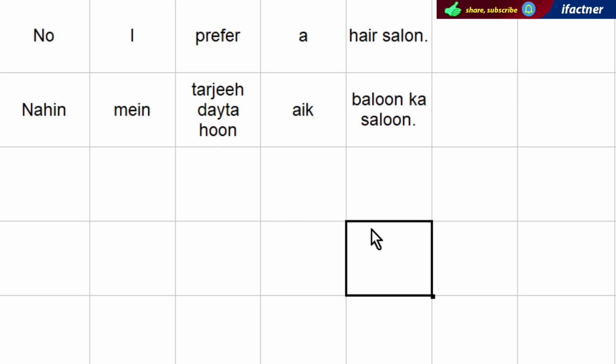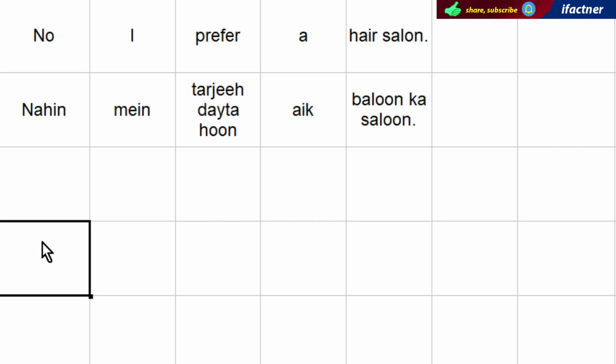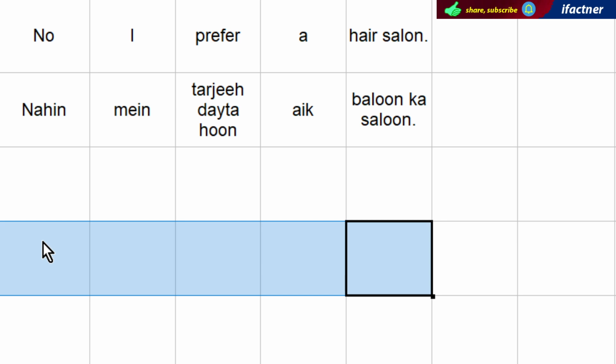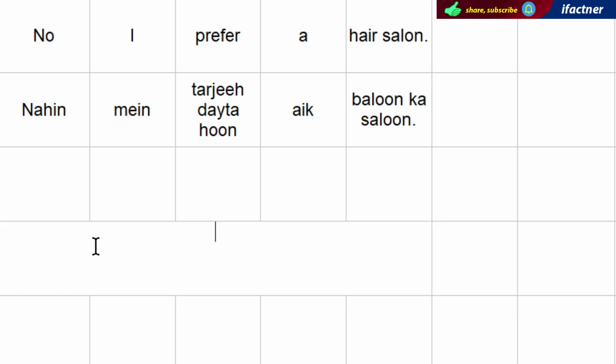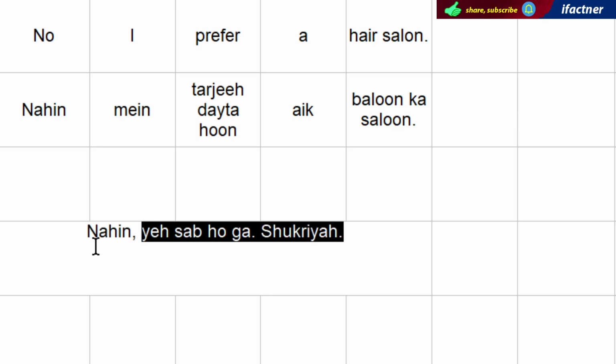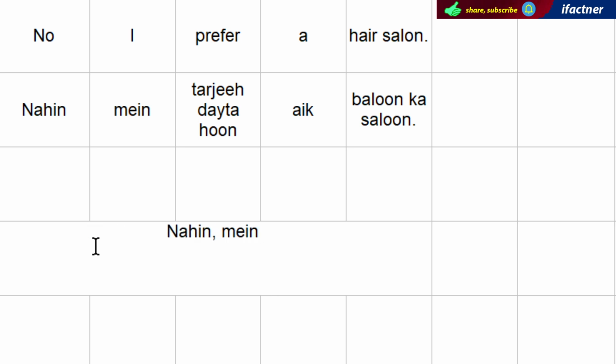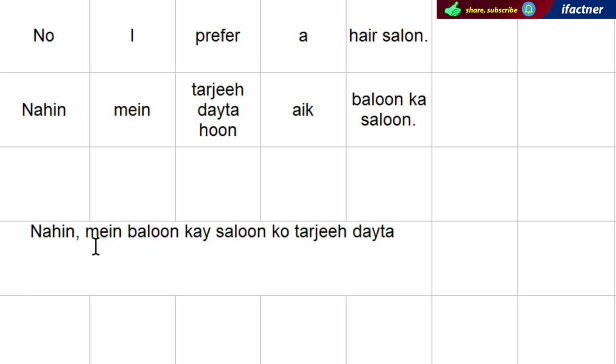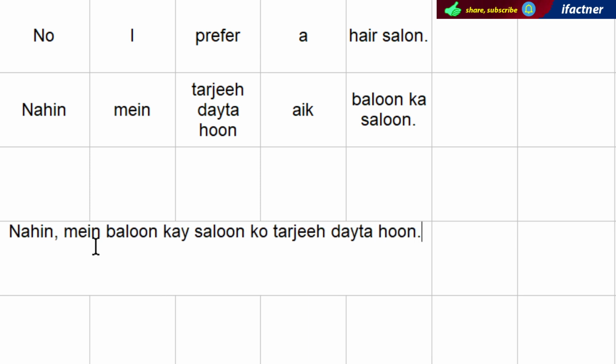So now let's make a sentence using these translated words. In Urdu, we can translate it as नहीं, मैं बालों के सलून को तरजीह देता हूँ और तरजीह देती हूँ.